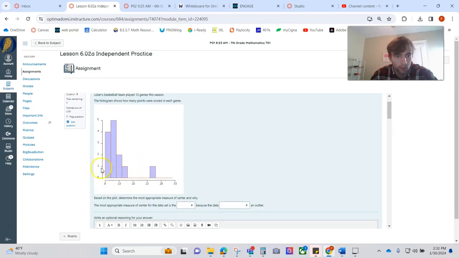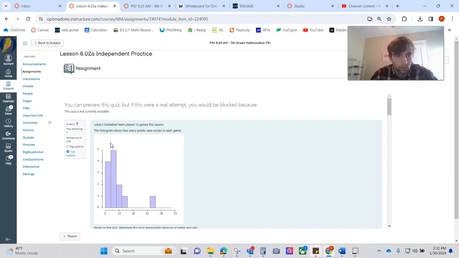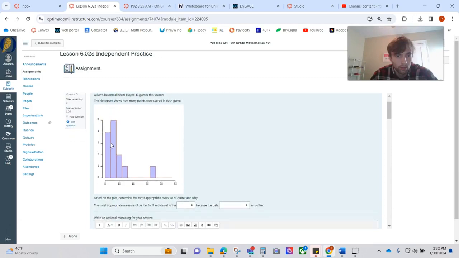Wow. It's a weird histogram. It's like between 8 and whatever this number is, there were 4 games. So that's some low scoring games for basketball, I guess.